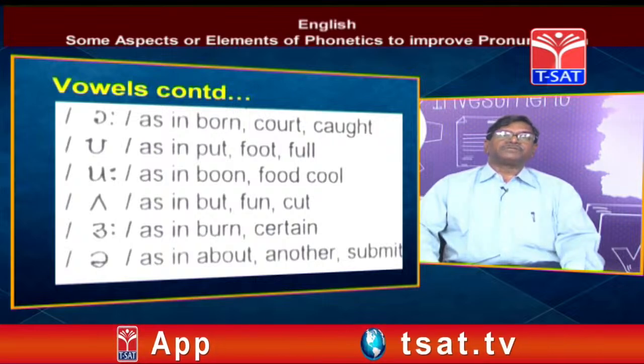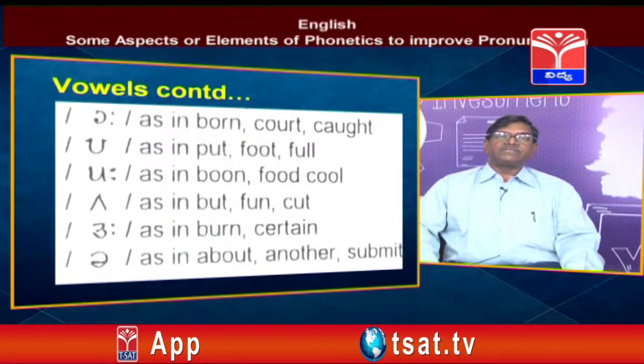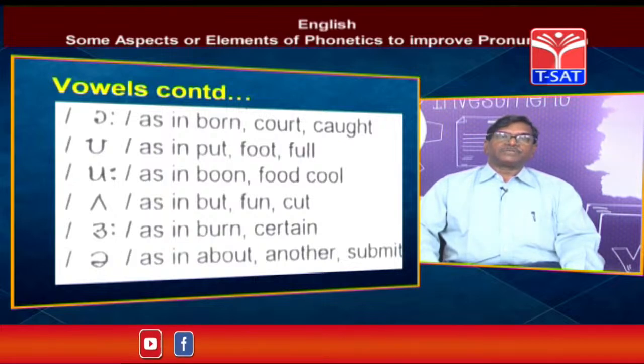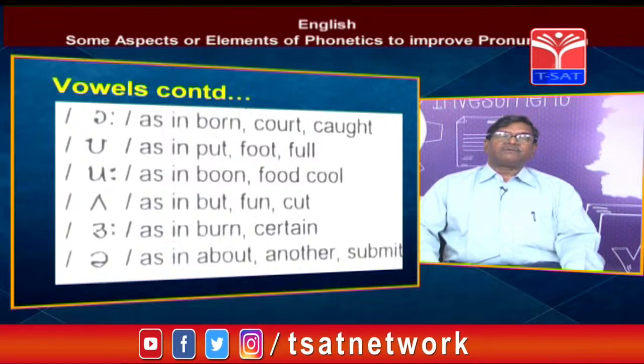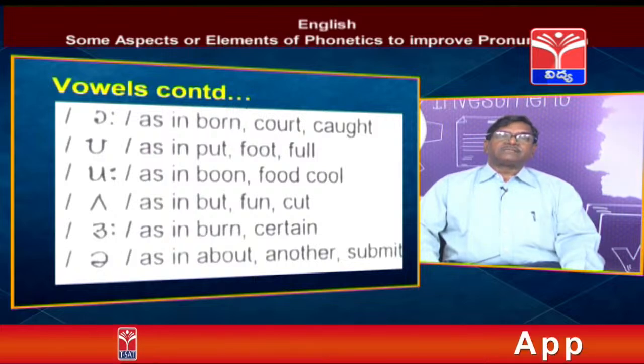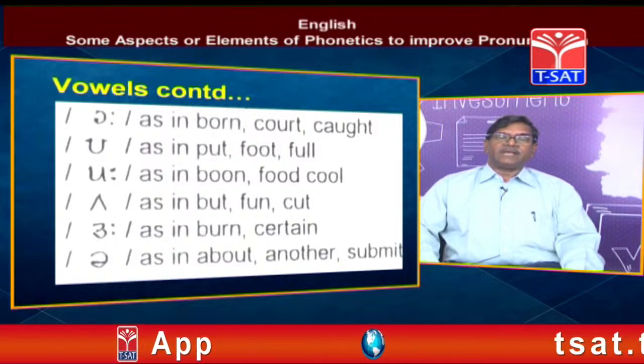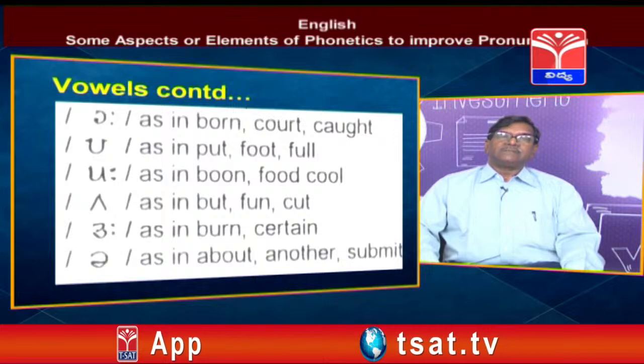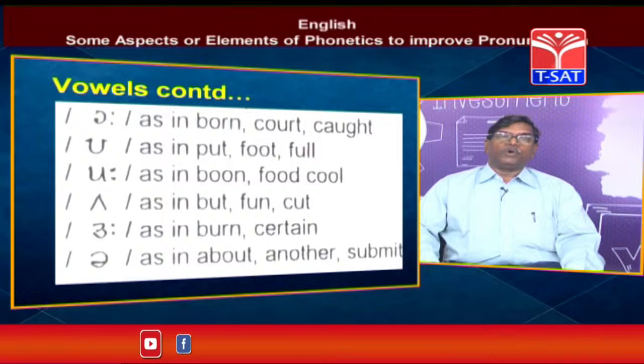That is the symbol you can see between the two slanted lines, an inverted C followed by two dots. Wherever we have those two dots after the symbol, it signifies that the sound is elongated.